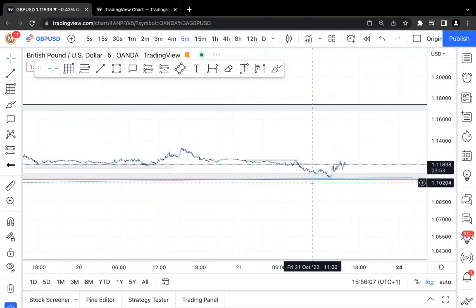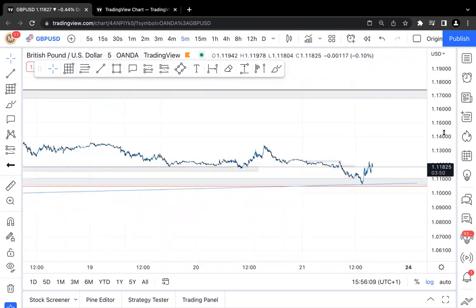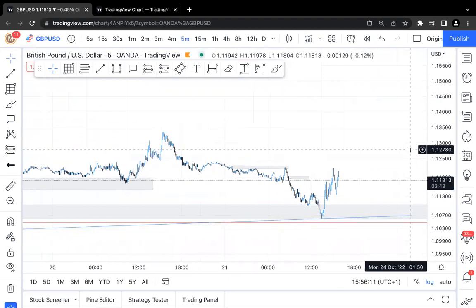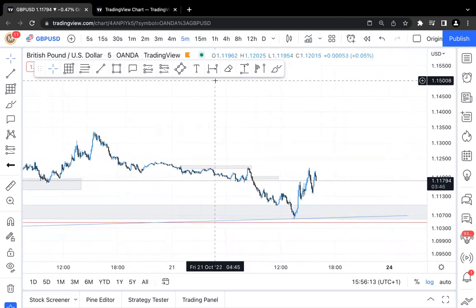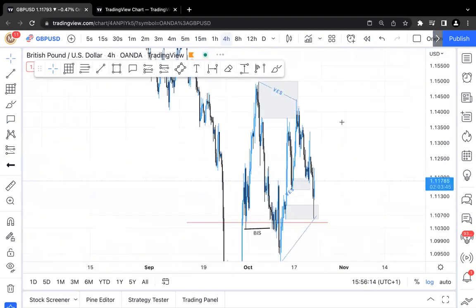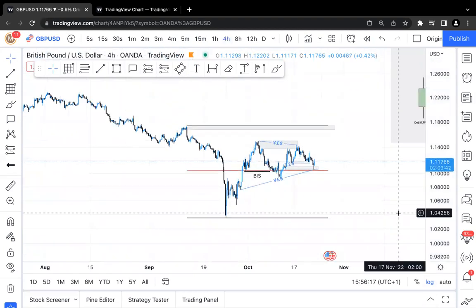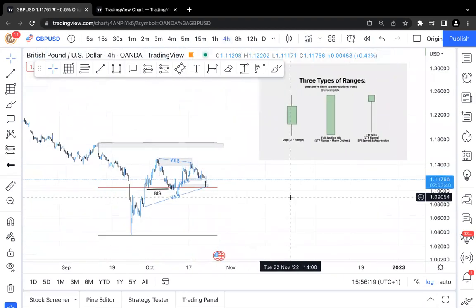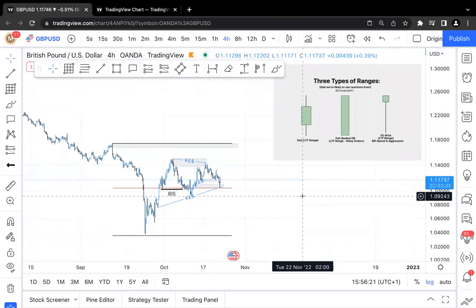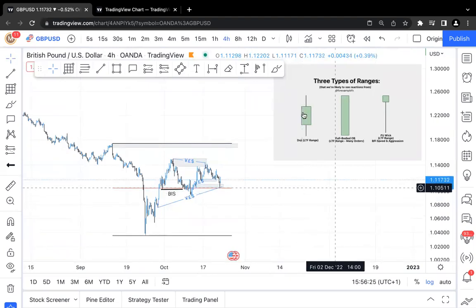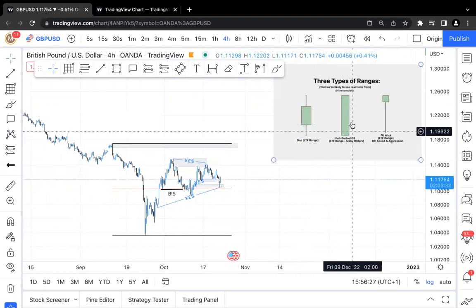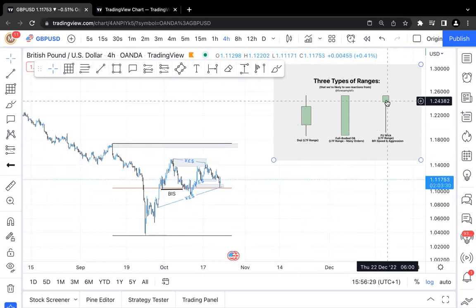So I hope that helps. I hope that makes sense. I hope that from this video, you've been able to take away some key learns. Just to review, we've looked at the 3 types of ranges that we see represented in candle form. We have a doji candle, we have a full-bodied order block, and we have an FU wick.